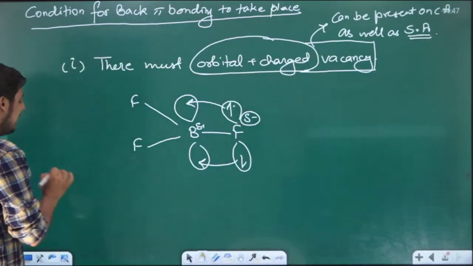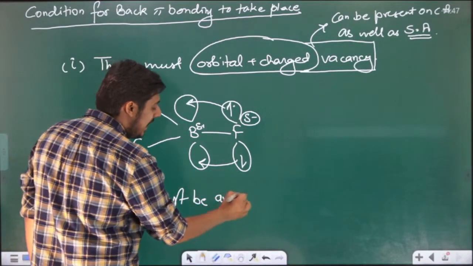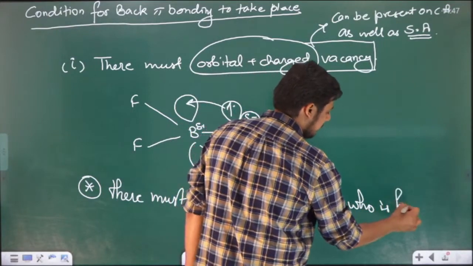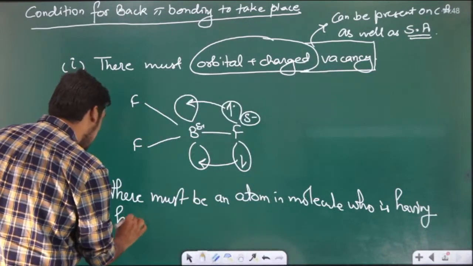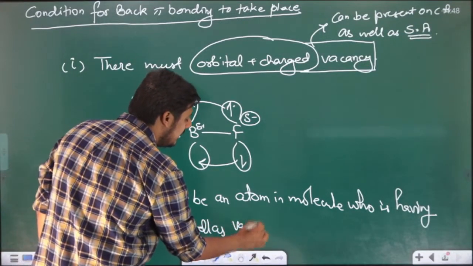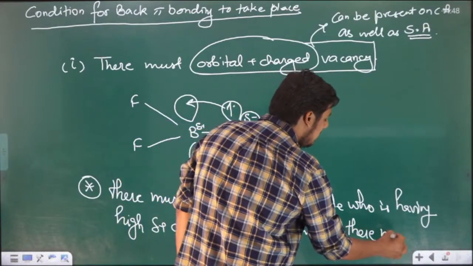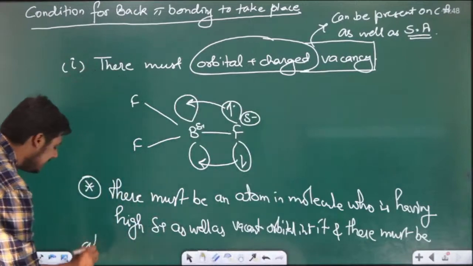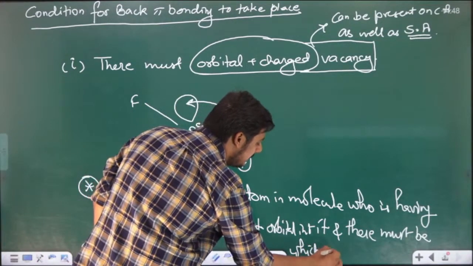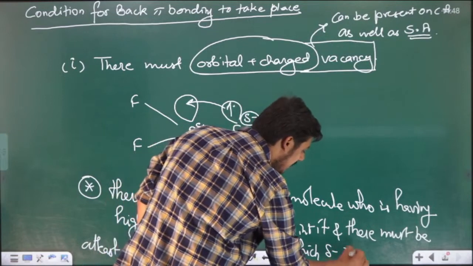Basically, in simple language, you can write it down as there must be an atom in the molecule which is having high delta positive as well as a vacant orbital in it, and there must be at least one atom which is having delta negative and a lone pair on it.